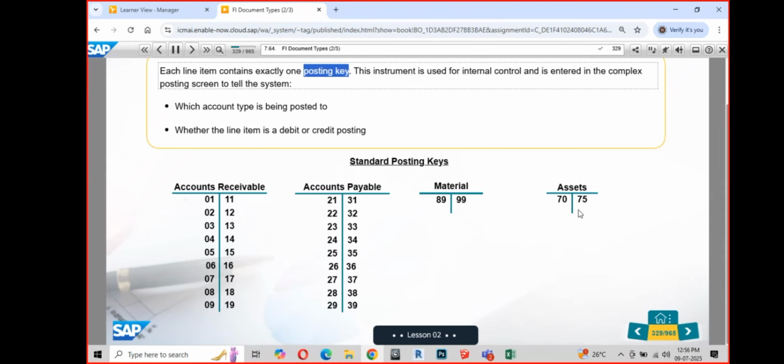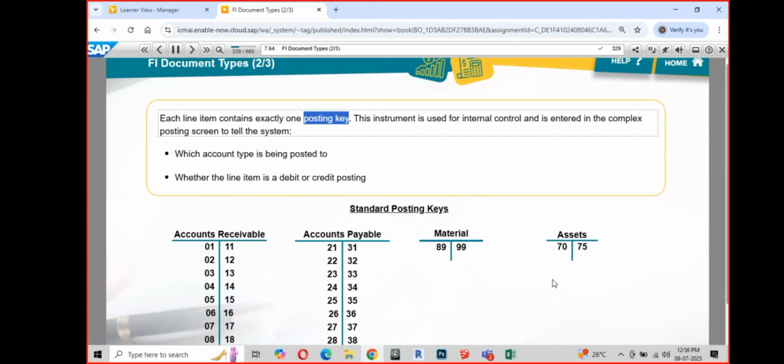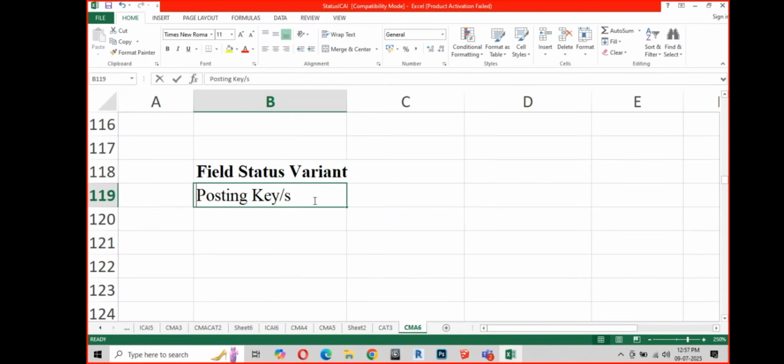Now, posting key is a way by which SAP recognizes whether it is a debit or a credit.